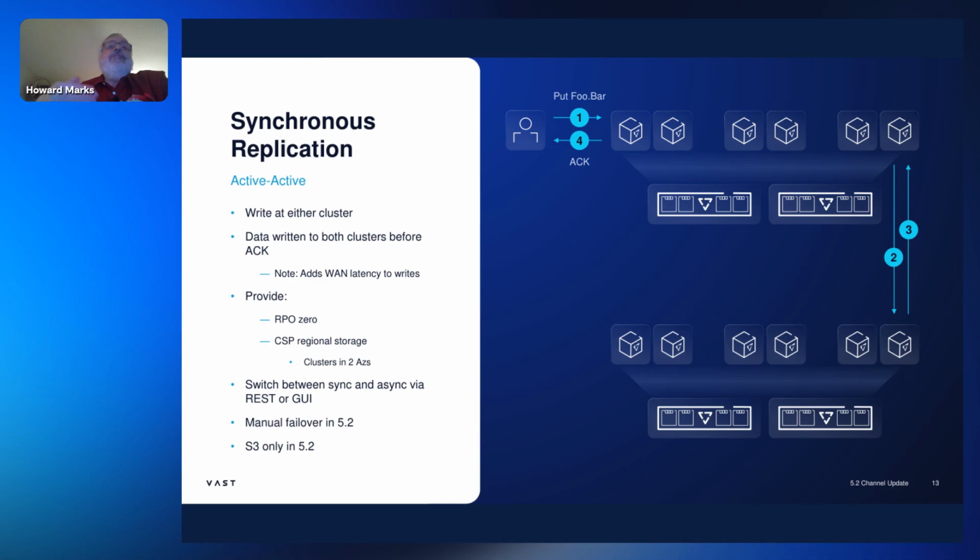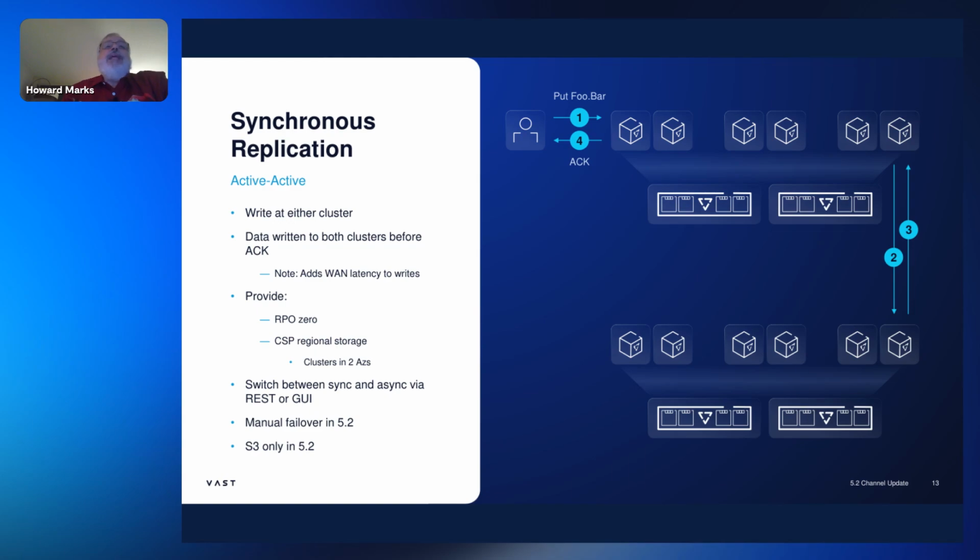Note, this means that WAN latency is added to write performance. So if you can write to a local cluster and get 1 millisecond response time, but there's 5 milliseconds of round trip delay between your two clusters, that 1 millisecond latency is going to go up to 6 milliseconds latency.